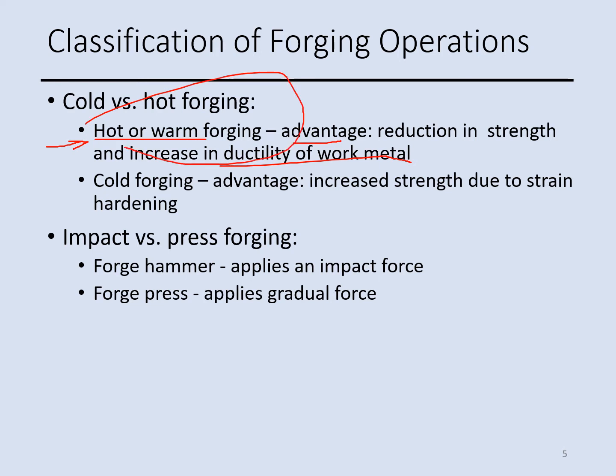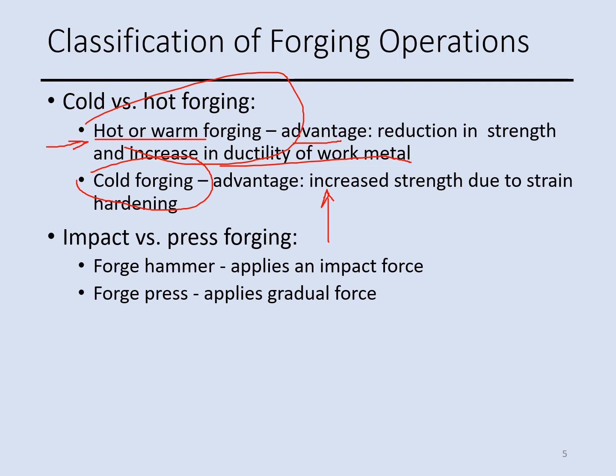But if we do the process at a colder temperature, like room temperature, the advantage is that the strength of the produced part is going to be higher. So that is a very good advantage for the parts in the cold forging process.